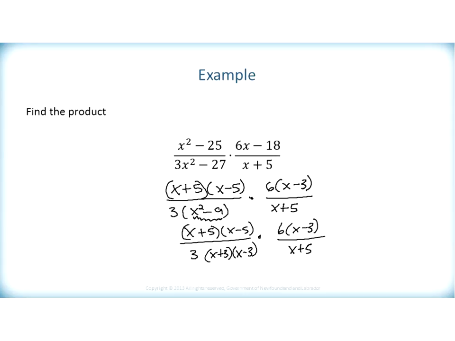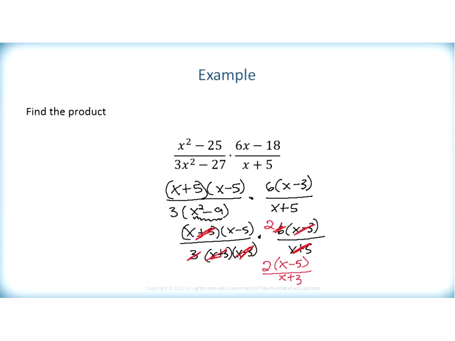We have x minus 3 and x minus 3, x plus 5 and x plus 5. 3 and 6 can cancel, but we're left with 2. We have 2, x subtract 5, and remember we weren't supposed to cancel this one, all over x plus 3.